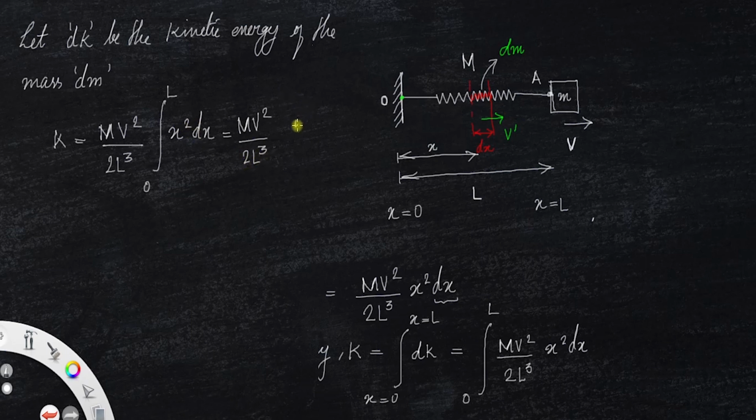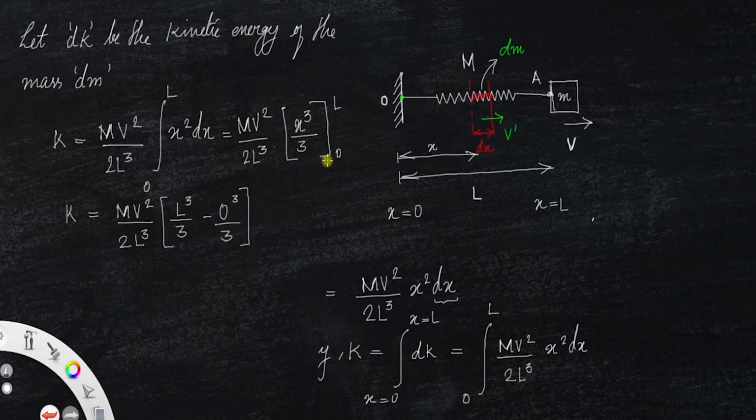Integral of x square is x cube divided by 3. Now you have to put the lower and upper limit, so 0 to L. Simplifying this, you will get m v square divided by 2L cube into, first put the upper limit, L cube by 3, minus the lower limit, 0 cube by 3. No need to put the lower limit since the value of x is 0.